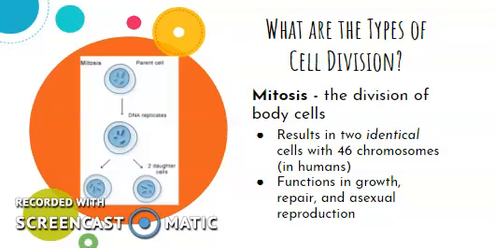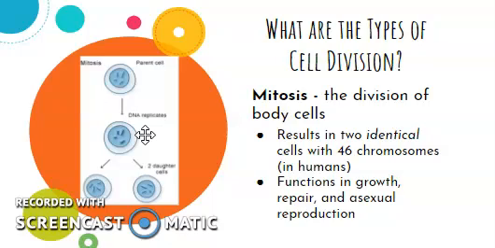So our skin cells, our muscle cells, our nerve cells, red blood cells, white blood cells, and bone cells. When our body cells divide, they start up here with a parent cell, and it has 46 chromosomes. When the cell goes through this process, it has to multiply its chromosomes, so it will have 92 chromosomes.